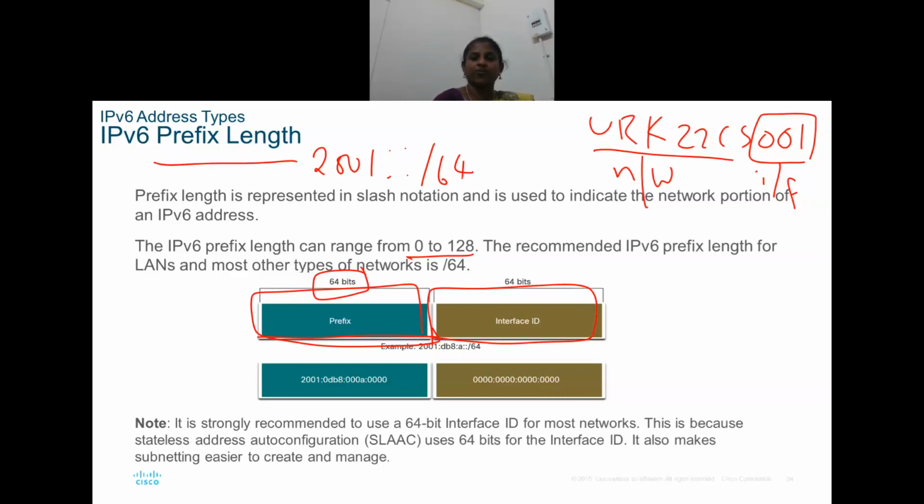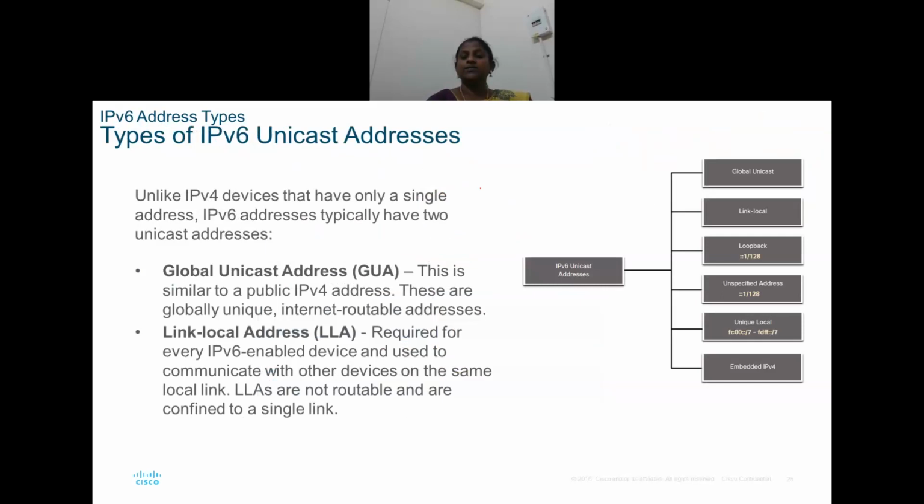For example, you'll write 192.168.2.0 slash 24. So what is slash 24? 24 bits are for the network portion, okay, and the remaining 8 bits is for the host portion. Similarly here, slash 64 means 64 bits is for the network portion and the remaining 64 is for the host portion. So this is how the IP version 6 address is arranged.